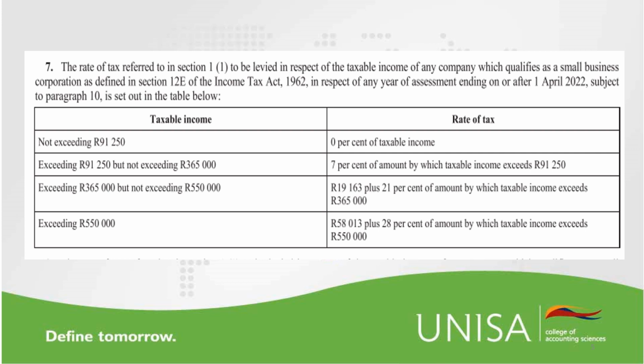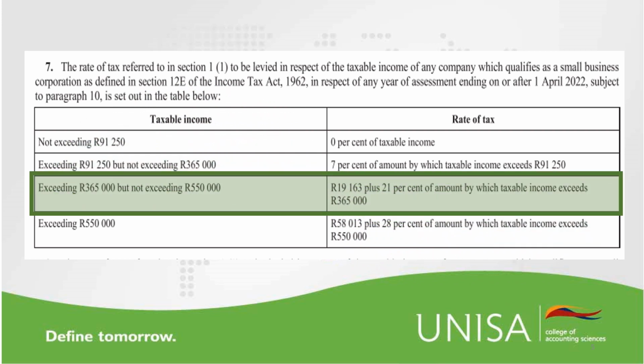First, we need to identify the tax bracket in which DEF's taxable income of 485,000 rand will fall for the 30 June 2023 year of assessment. If you look at the third bracket in the tax table, you can see that this amount falls between 365,000 and 550,000. So we will use this bracket in the calculation.